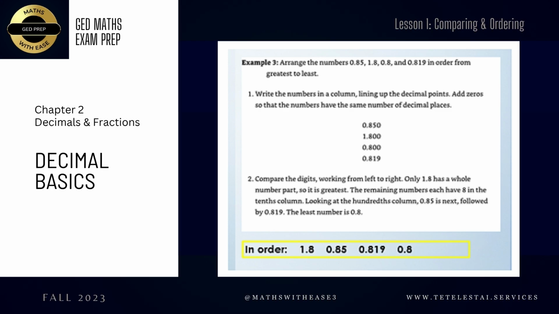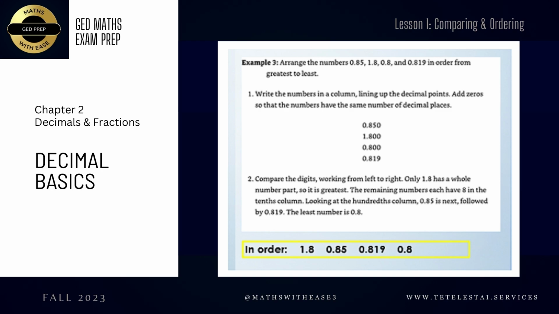Then you want to add zeros where necessary so that all your numbers have an equal number of decimal places. And now you can start comparing your digits, working from left to right. Since 1.8 has a whole number, it's safe to say that 1.8 is the greatest number.